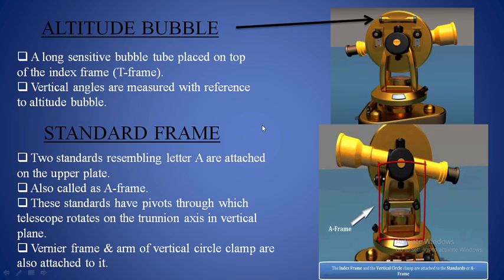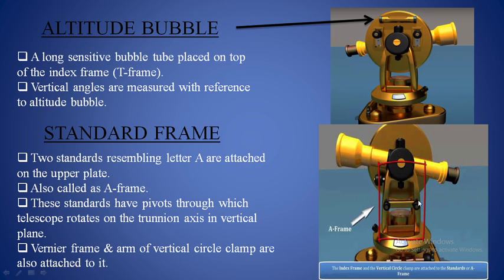So the next one is the standard frame. Here you can see an A-shaped frame which is going to support the telescope and vertical circle. This A frame is known as the standard frame.